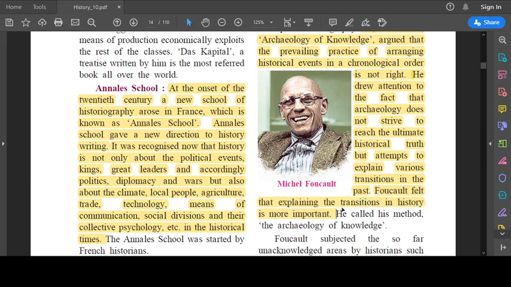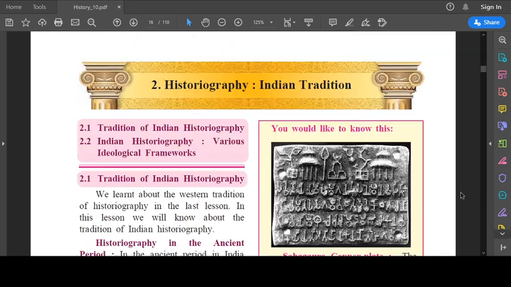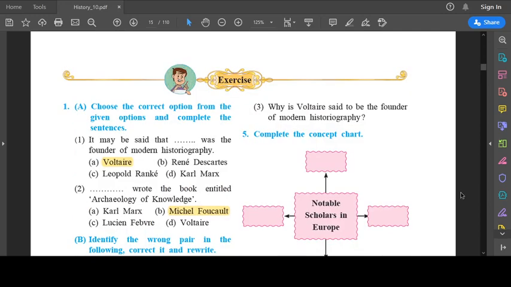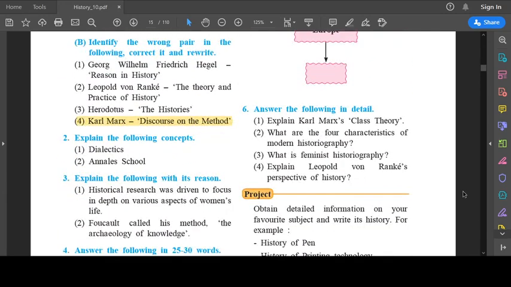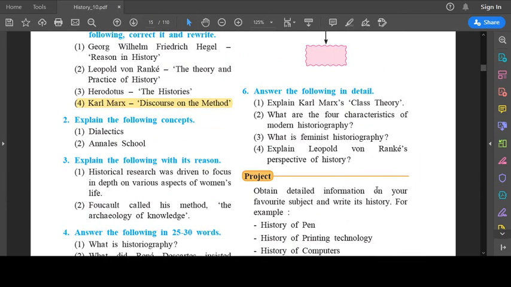And the fourth and the last point, he called his method the archaeology of knowledge. Okay. So I have completed giving you all the markings till question number 3. Remaining markings I'll give you all later. Thank you.